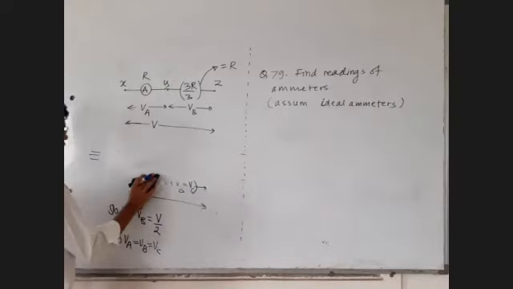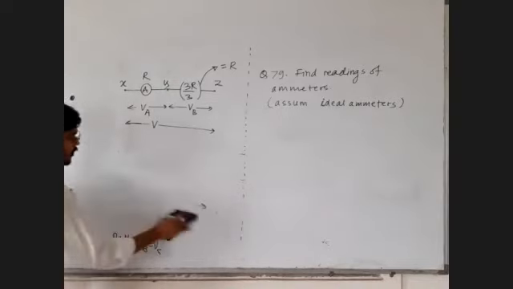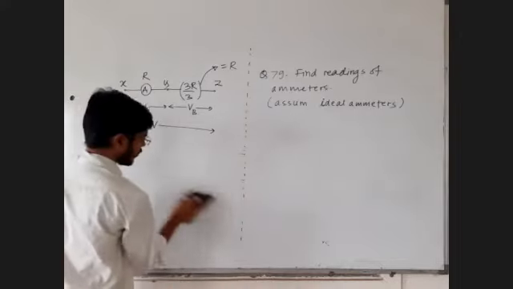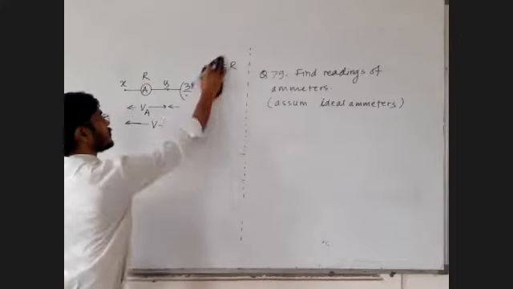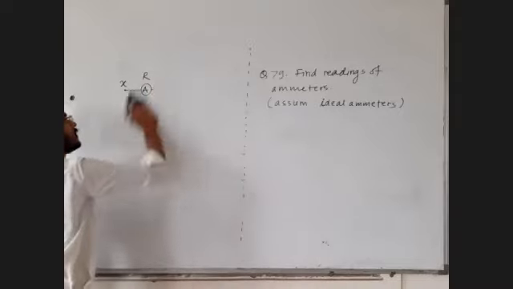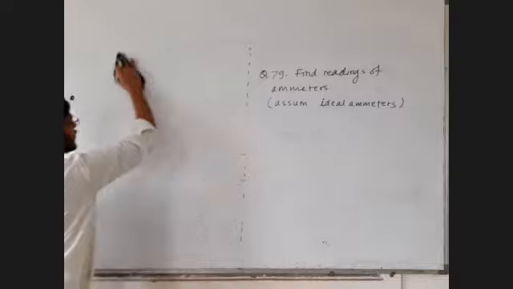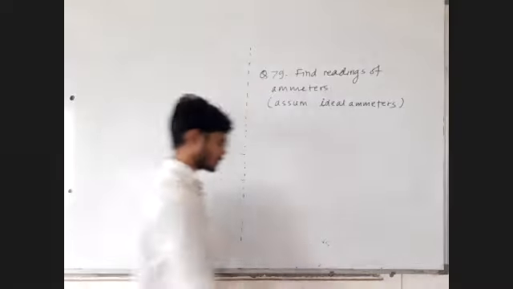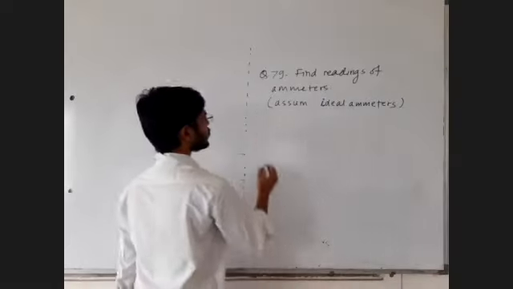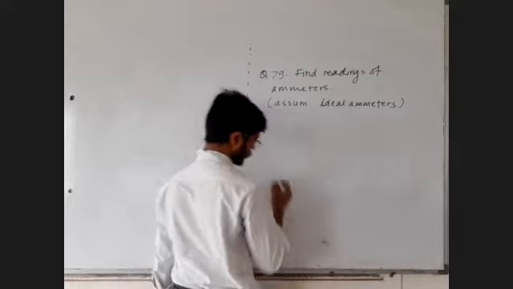They are to be connected in series, and voltmeters measure the voltage. Ammeters measure the current. We have not seen voltmeters yet, but we have solved one example based on that. Ultimately, ammeter, voltmeter, galvanometer, you will treat them as resistance itself. So no worries about that.